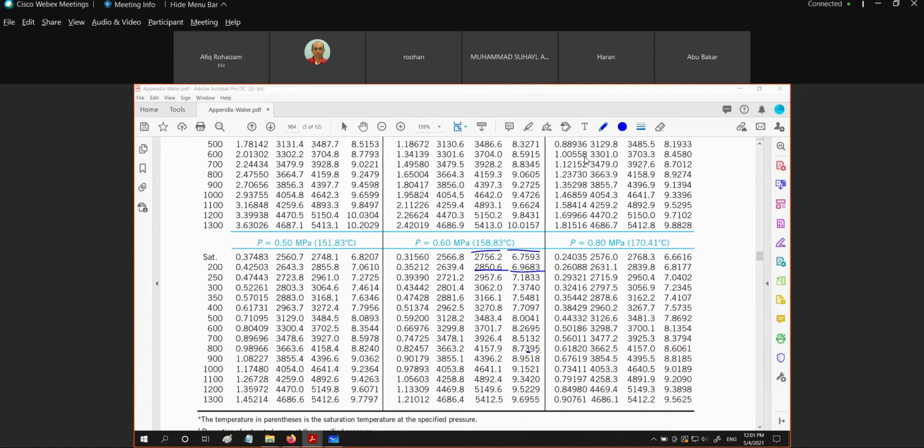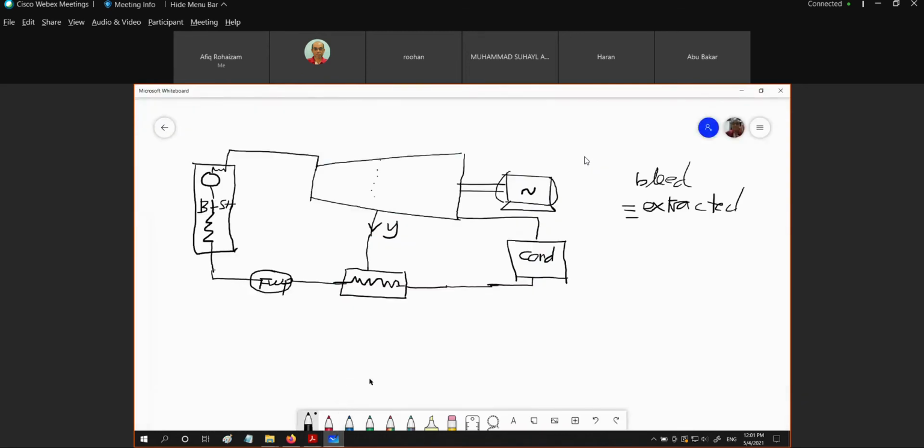let me see my diagram again. Am I right? Oh, no. The feed water heater is not right here. The feed water heater should be after the condenser. Let me correct that.